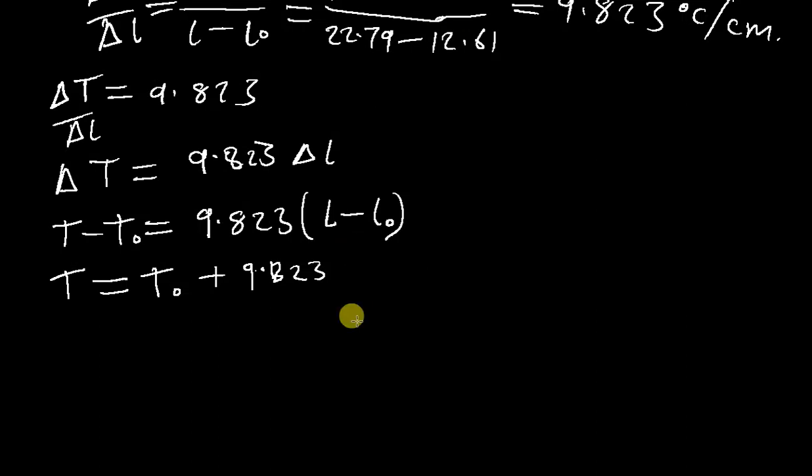So you open the brackets there, minus the initial that was given, which was 12.61. So this is the initial length that was given.